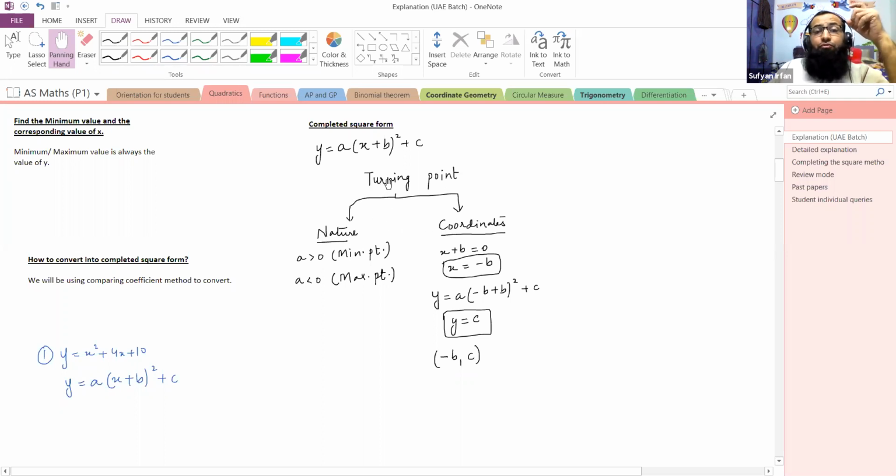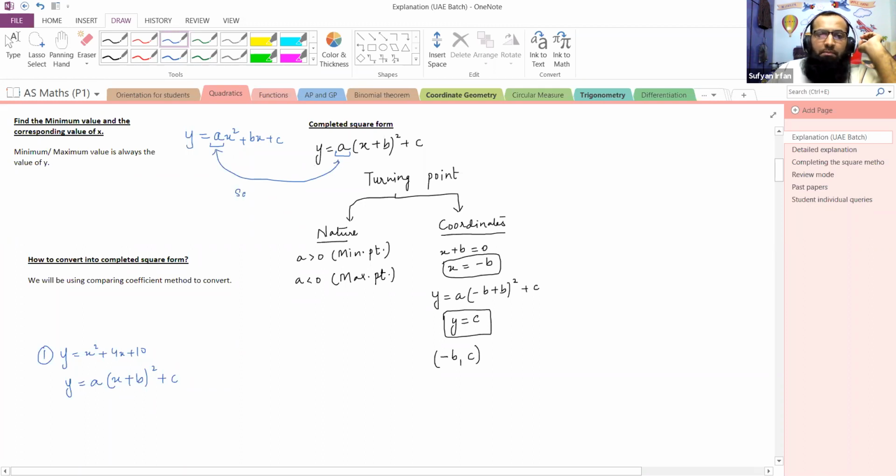So if we are to find the nature using this form, then the coefficient of this bracket, which is basically the value of a, determines the nature. And beware that in the quadratic expression, in the original form, if we have a, this is the same a as this a.